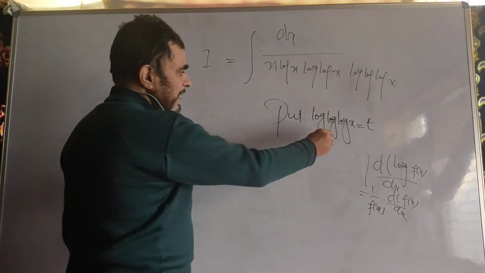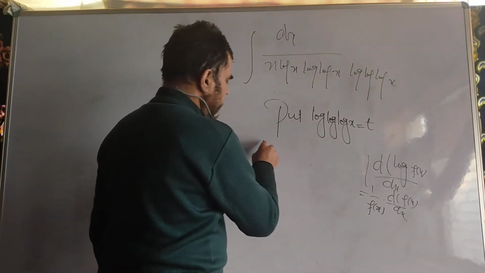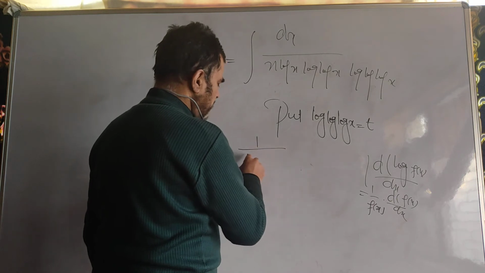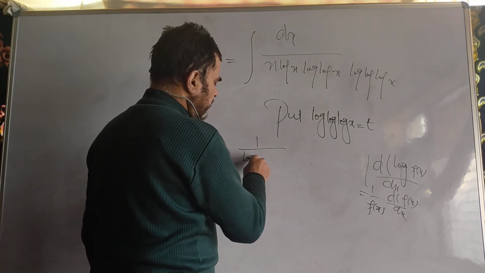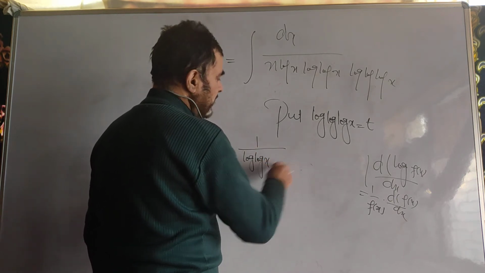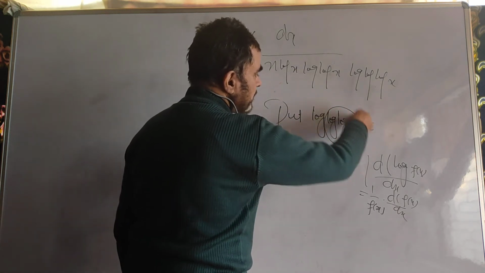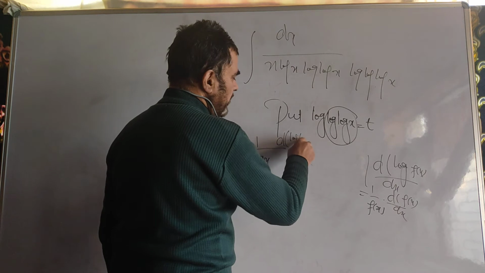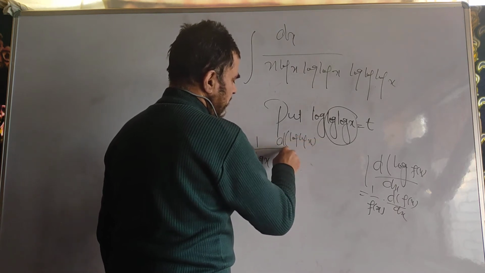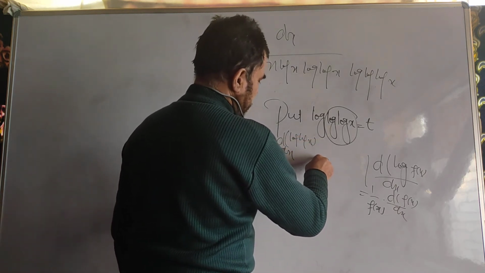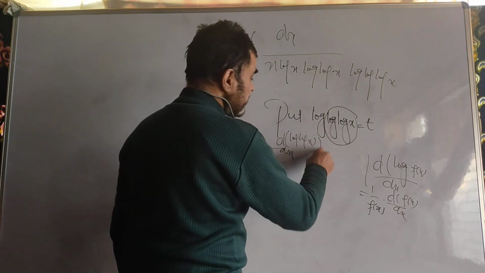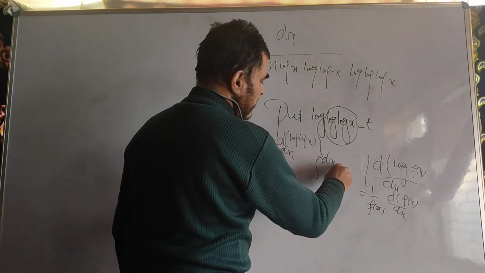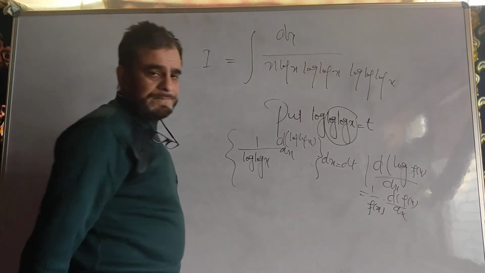Similarly, we will go here. When I differentiate this, it is 1 upon log of log x, then the derivative of this function goes in the numerator. Derivative of log x with respect to x, dx, because we are differentiating with respect to x, is equal to dt.